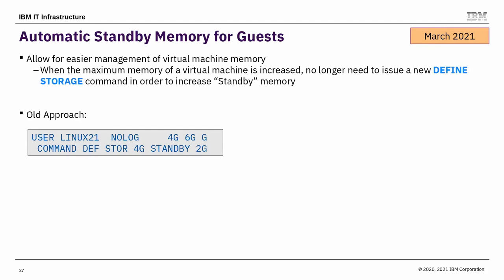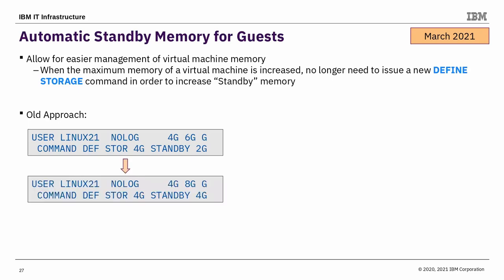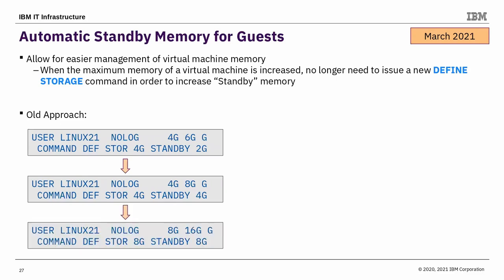But the thing there is you've got the 4 gig and the 6 gig numbers in the virtual machine, and if you change that, so let's say you want to allow more standby memory, so you change the maximum storage to 8 gig, you also have to remember to change that command line below to say standby 4 gig. And now let's say you want to change the default amount of memory that it comes up with. So you change that to 8 gig and you change the maximum to 16 gig.